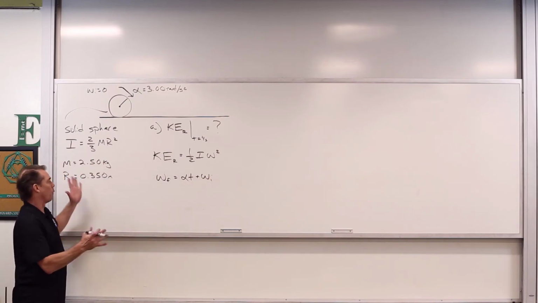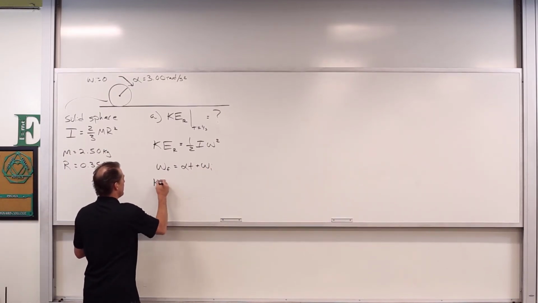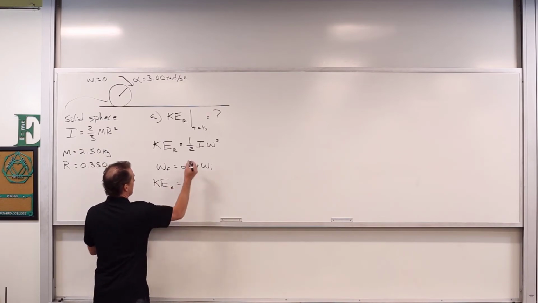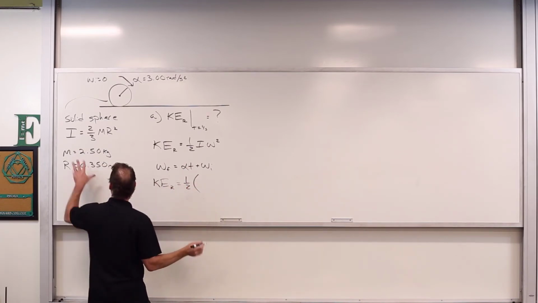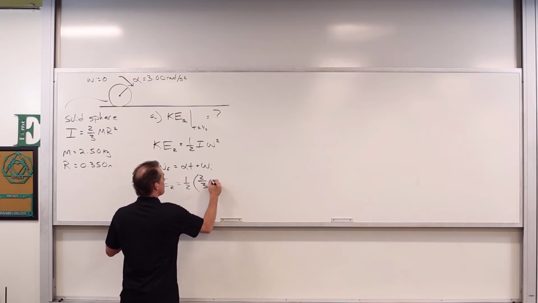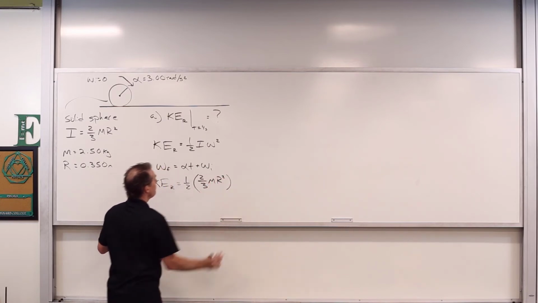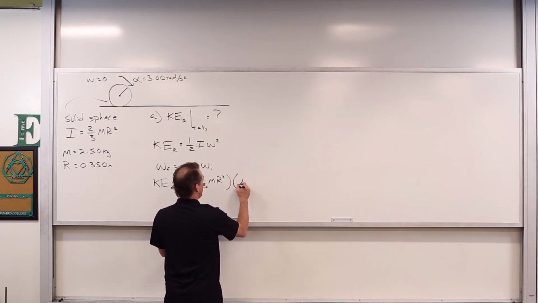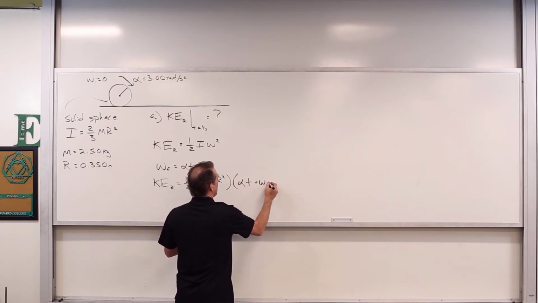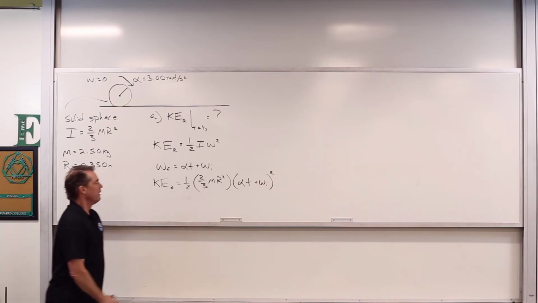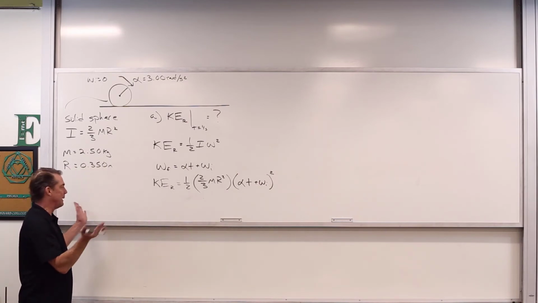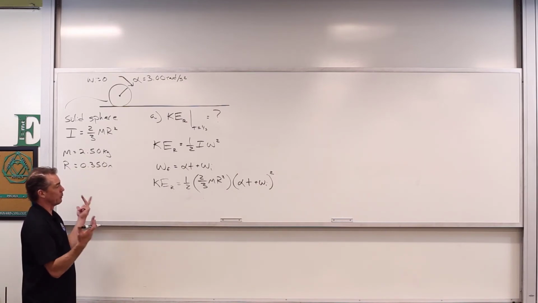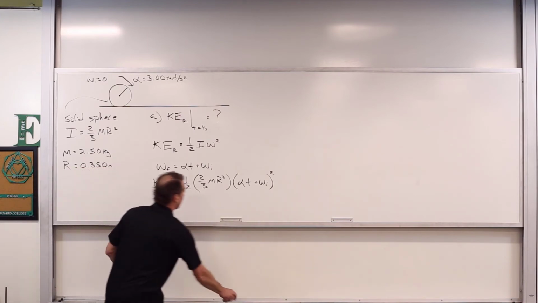So if we wanted to, we could write this out and say that KE sub r as a function of time is going to be equal to 1/2 times 2/3 mr squared multiplied by omega squared, where that is going to be alpha t plus omega initial quantity squared. While that looks sort of big, it's really not, because this reduces down to really not that much.